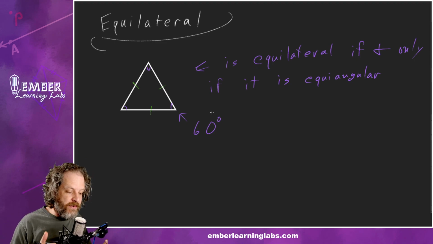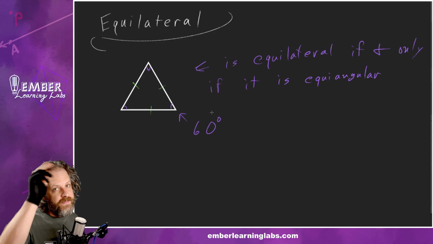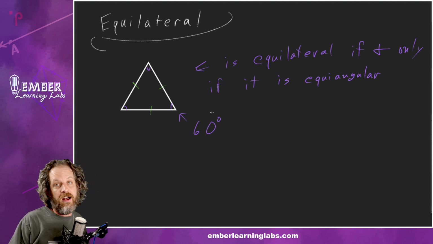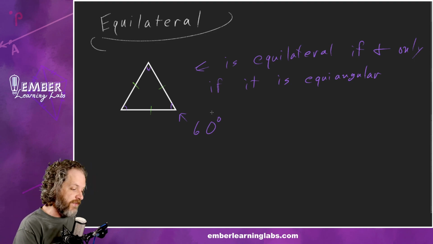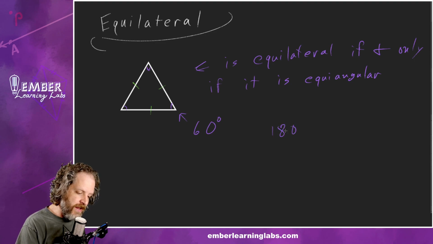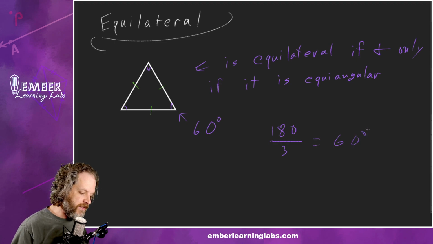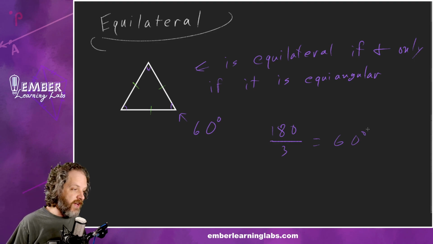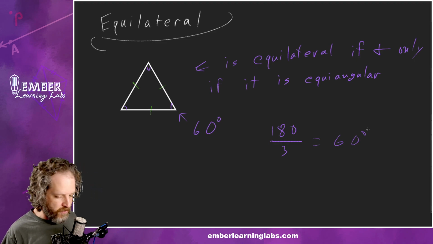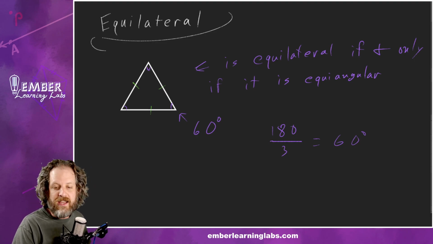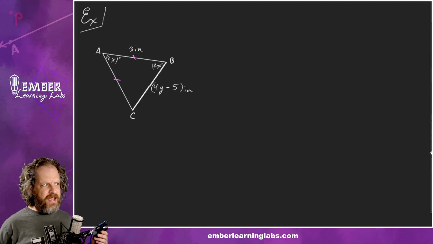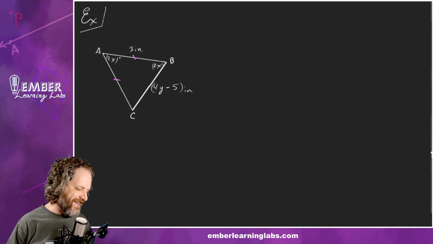The reason we get that is because we already know that all of the angles inside of any triangle add up to 180, and if they're all the same, 180 divided by 3 is 60, right? And so that's how we get that corollary. So there are the definitions, there are the words. Let's do an example and then be done with this lesson and chapter, and then we'll get on to the big, giant, huge vocabulary lesson soon.